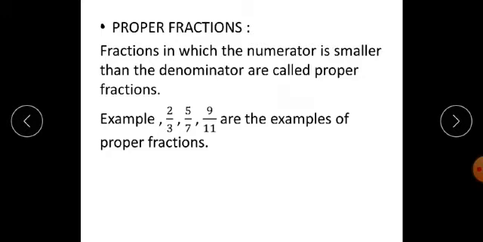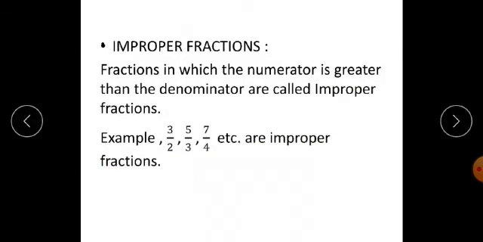Next type, proper fractions. What does it mean? Fractions in which the numerator is smaller than the denominator are called proper fractions. Again I repeat, fractions in which the numerator is smaller than the denominator are called proper fractions. Example: 2 upon 3, 5 upon 7, 9 upon 11. If you see these examples carefully, in all of them the numerator is smaller than the denominator, so they are examples of proper fractions.